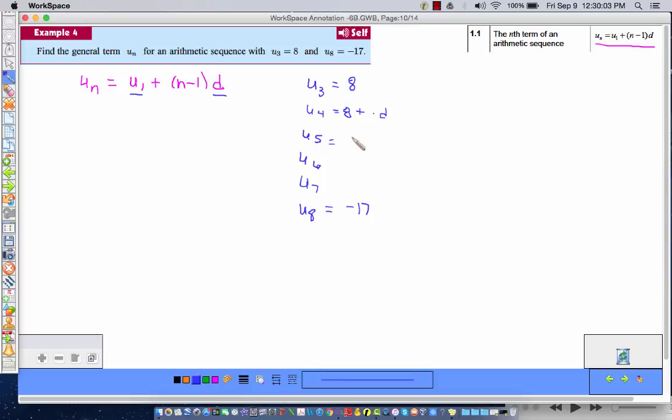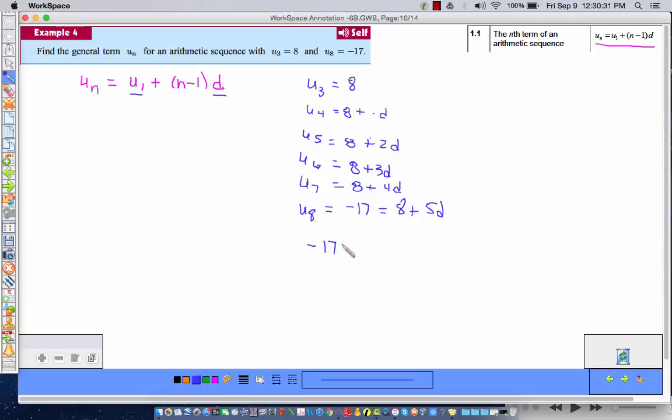And then here I add another d, 8 plus d plus d, which we will write as 8 plus 2d. Hopefully you can see what's happening. 8 plus 3d and 8 plus 4d. So that means u sub 8 must be equal to 8 plus 5d, because I just keep adding the common difference until I get to u sub 8.